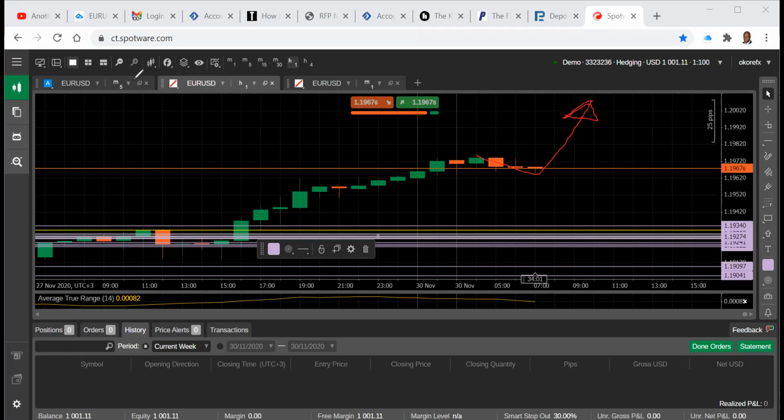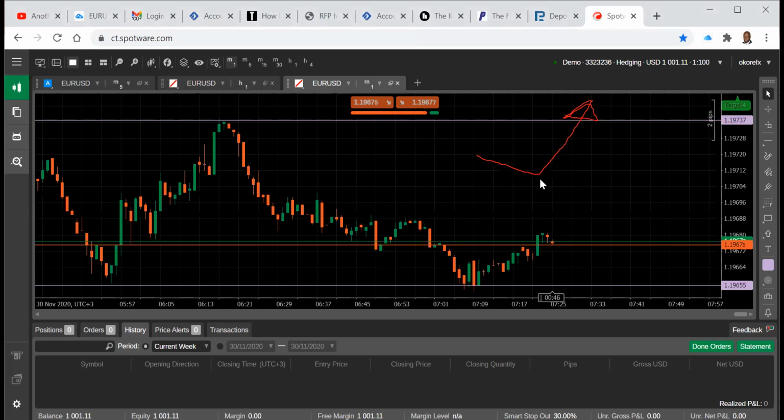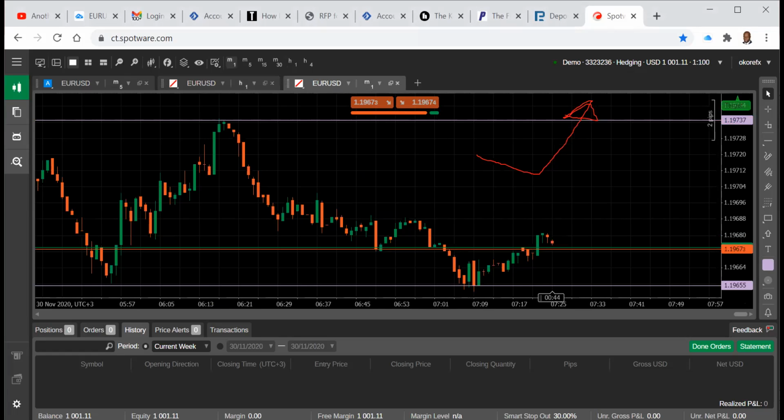So given this, you go to your small time frame and you enter your trades. So you go to a small time frame, that's 1 minute. And yes, the market is going up. Well, I guess in the 1 hour, it's temporarily going down, but we expect it to go up.